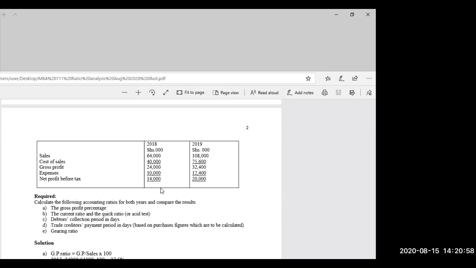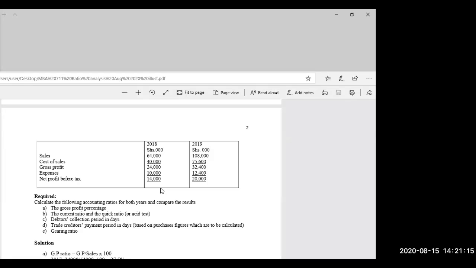ratios are figures, yes, but the meaning behind the ratios is what matters. So after computing the ratio, the interpretation you give to that ratio is what matters a lot.